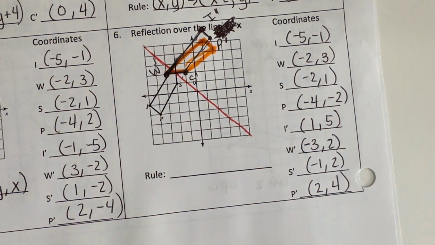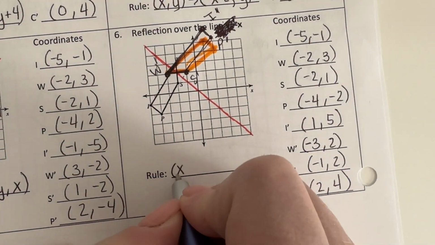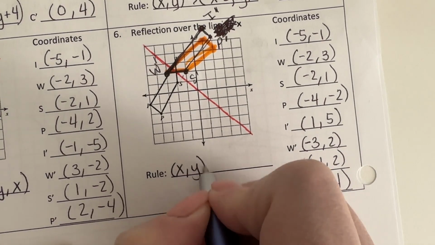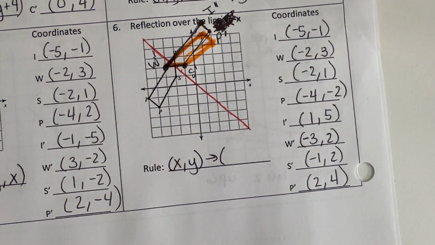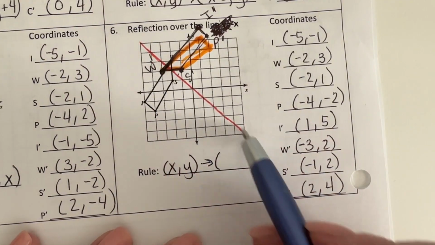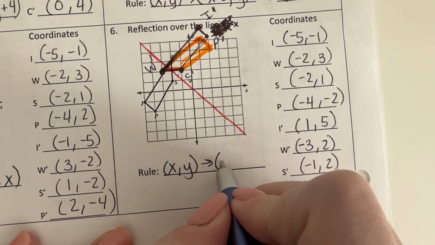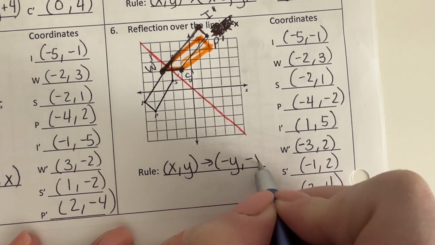All right, so let's talk about the rule for this. In my opinion, this is the hardest rule. Of all the rules, this is the one I just memorize, because I find it the hardest. Because it is a diagonal, you have to swap your x and your y, but because the slope of the diagonal is negative, you literally flip the numbers and flip their signs.